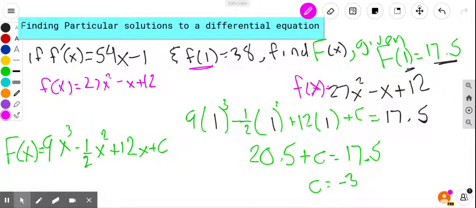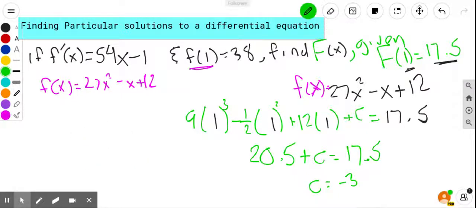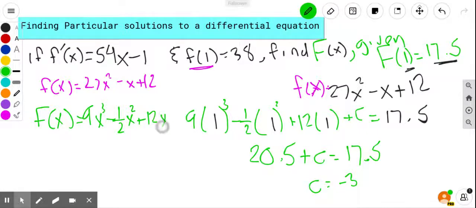And since I was tasked with finding capital F of x, I had to go ahead and find the integral one more time. By doing so, I found that I should have started with the 9x cubed minus a 1 half x squared plus a 12x.